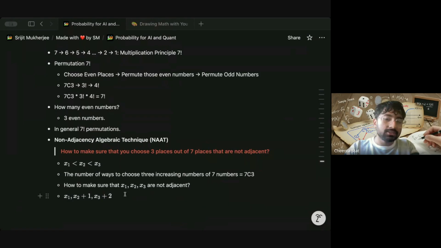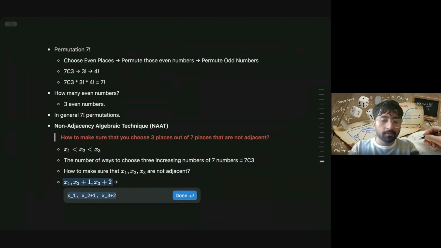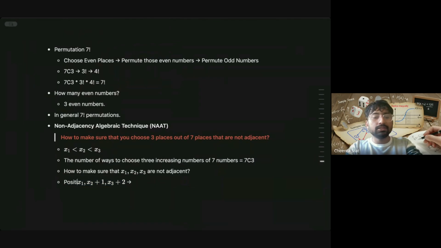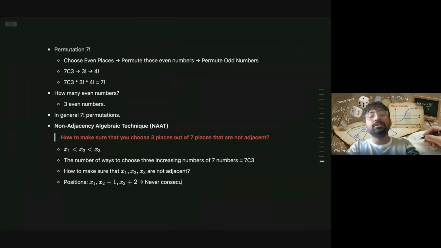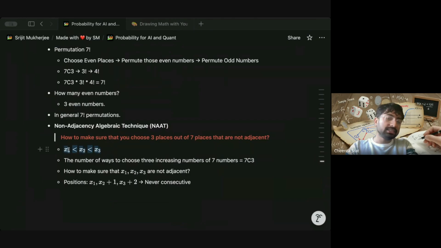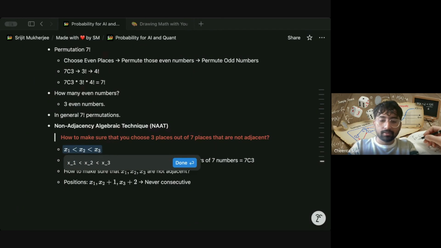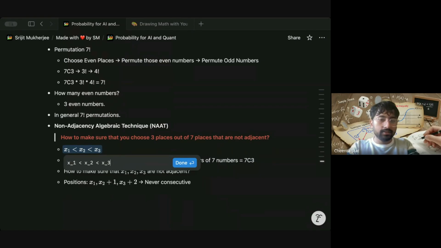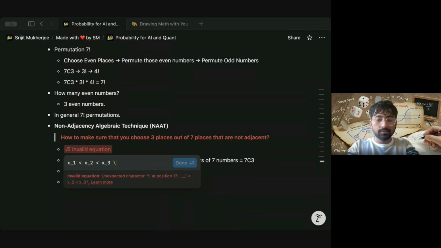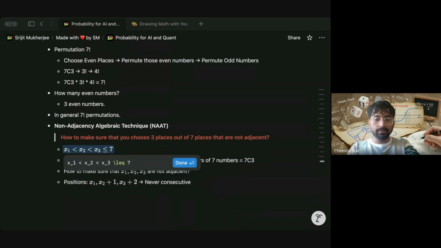If you do this, observe that these are the positions now, and these positions are never consecutive, whatever numbers you put in, with this condition, less than or equal to 7.